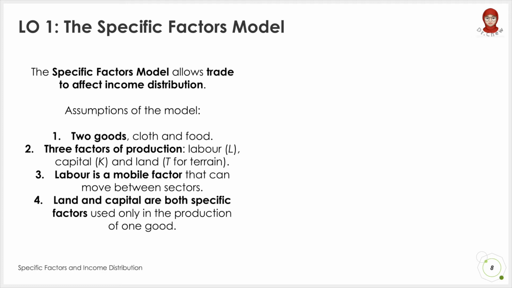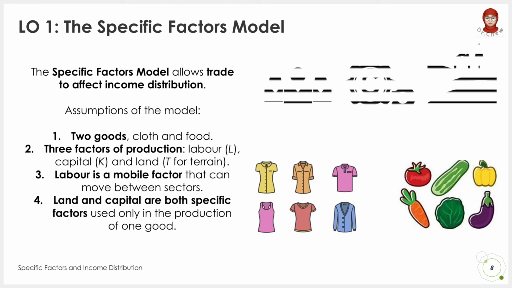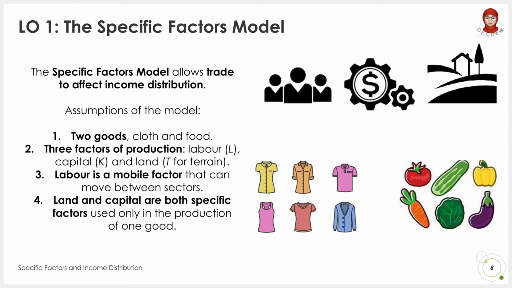There are four assumptions of the model, which are quite similar to the Ricardian model. First, two goods are produced in an economy. Here we have clothes and food as the examples. Second, instead of only one factor of production, now we have three factors of production, which are labor, capital, and land.